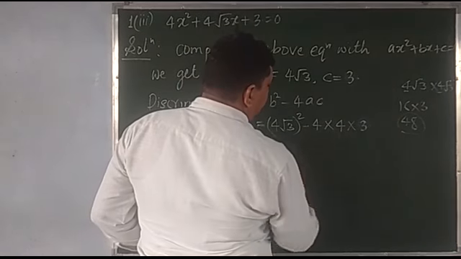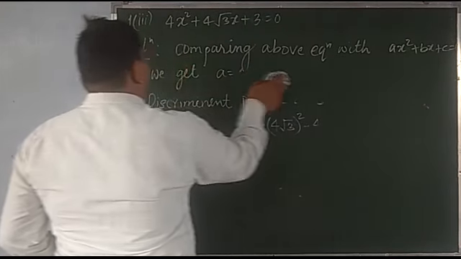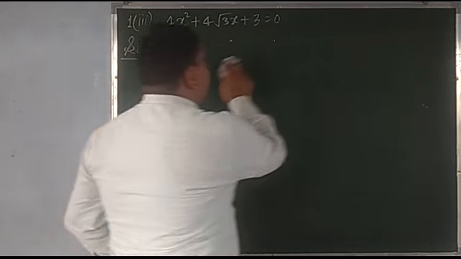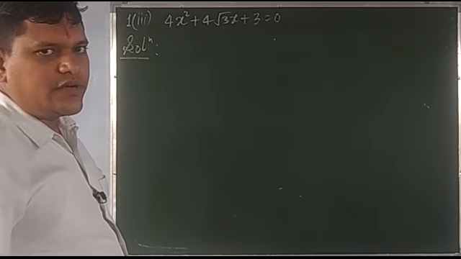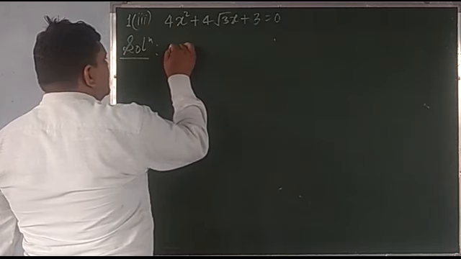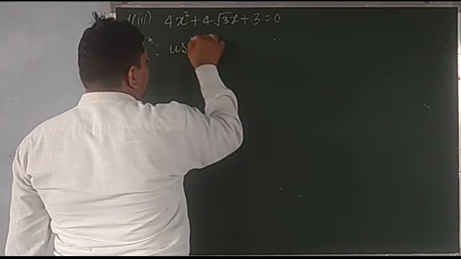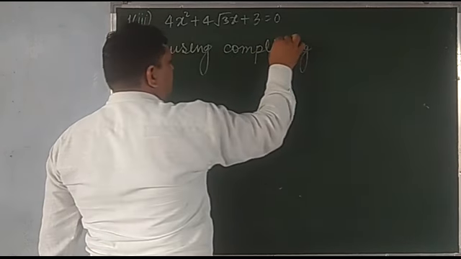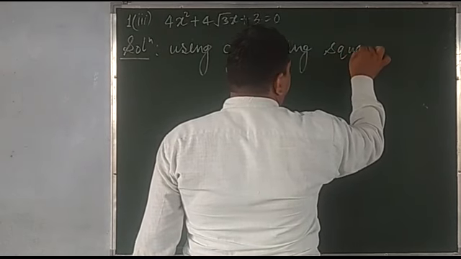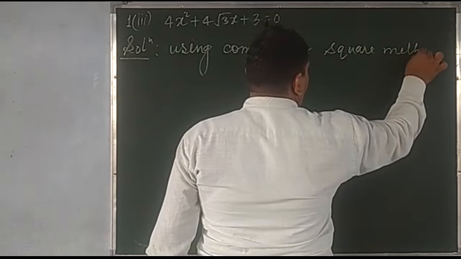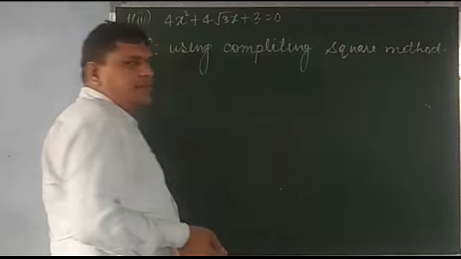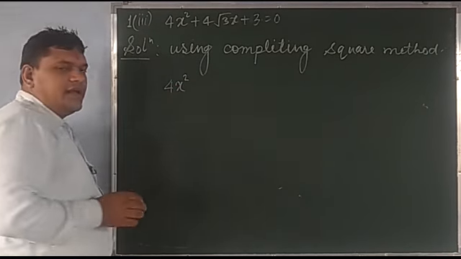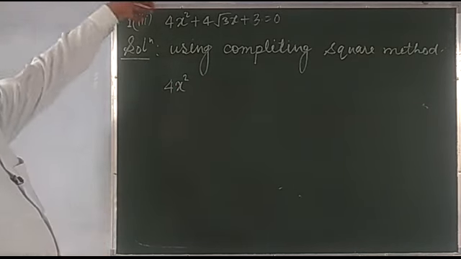For finding the roots, we have to use the completing square method. Using the completing square method, I have told you in the previous video that first of all we will divide the whole equation by the coefficient of x square.